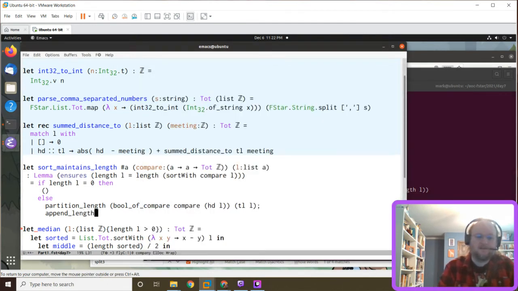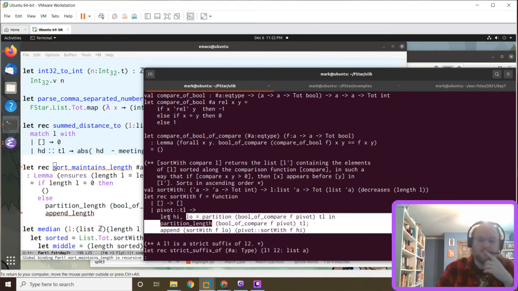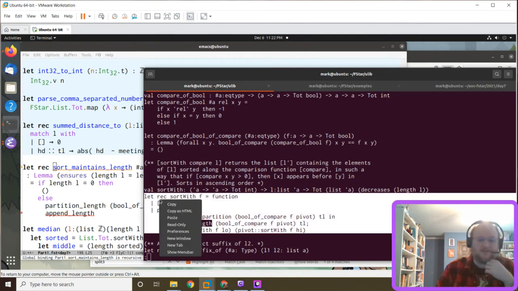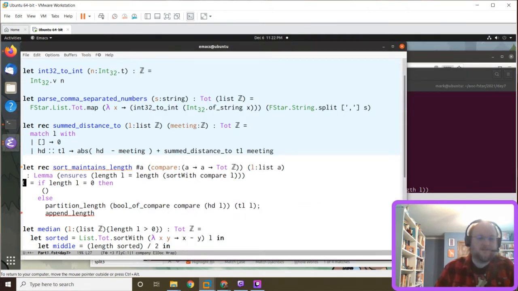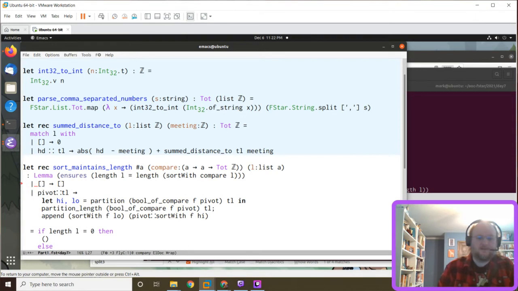All right. So we need to say append length. Oh, we need to do this recursively. Let's just copy the structure of this function. All right.